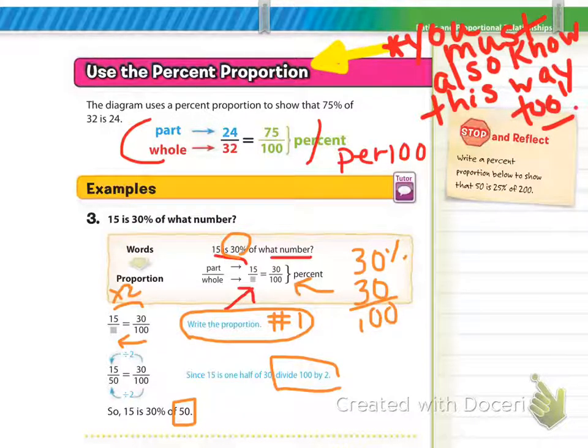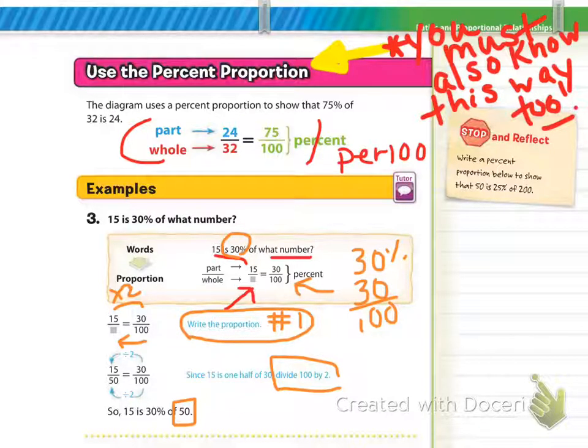Okay, so example 3, the question is 15 is 30% of what number? So in this case, you are trying to find the whole. If you have 3 out of the 4 pieces, then you're able to find the missing piece. So you can see how this is set up.